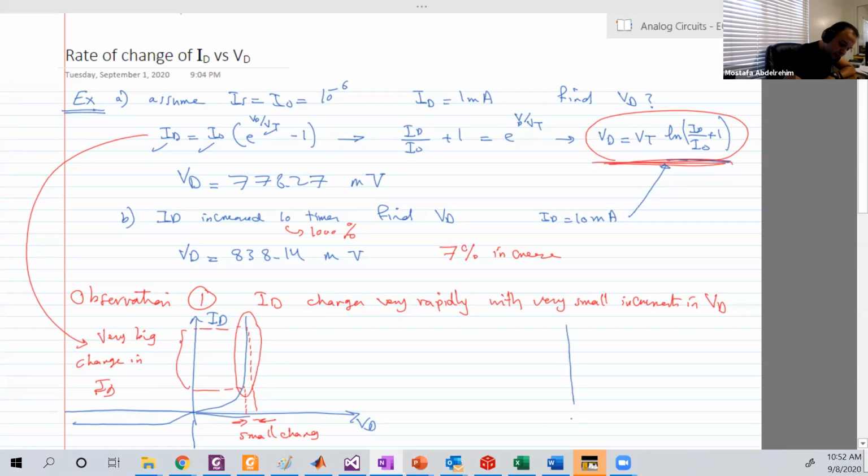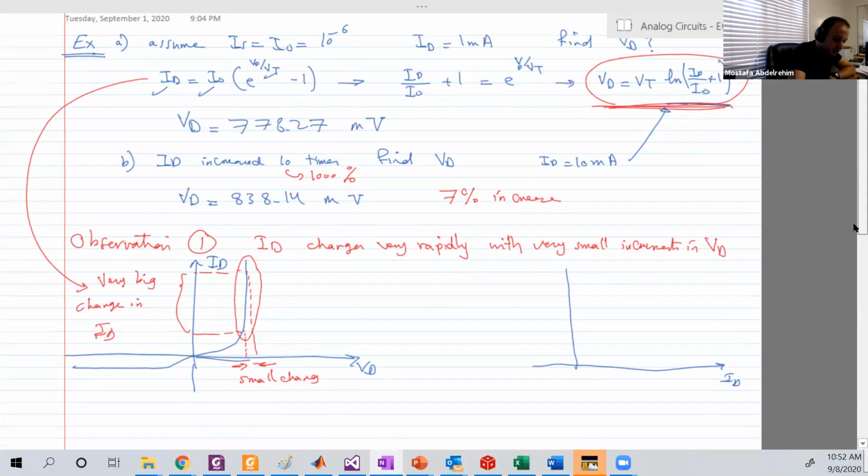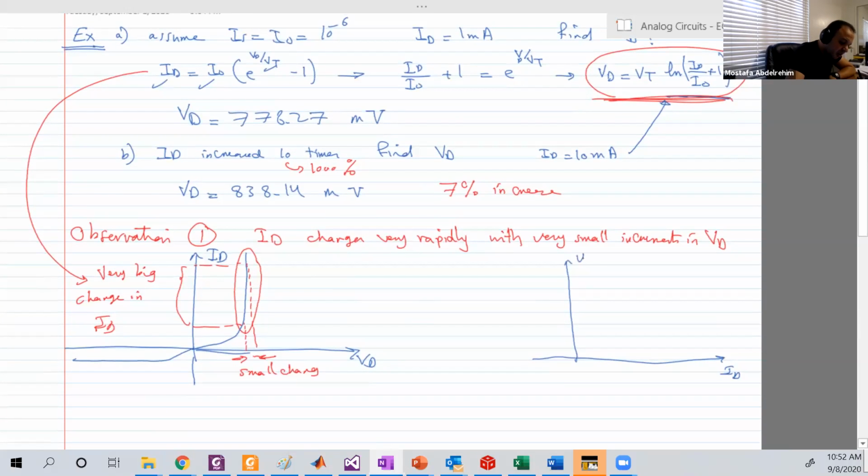Now, I will put ID on the x-axis and VD on the y-axis. If we draw it, it will be something like this.